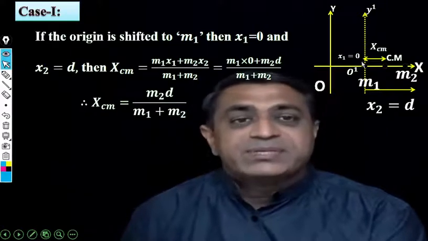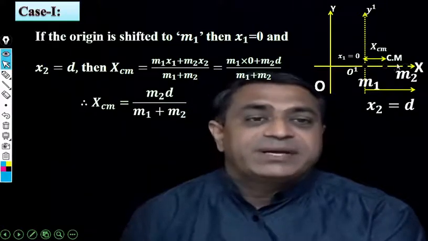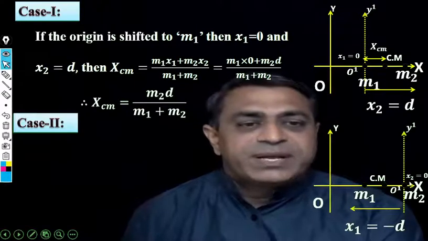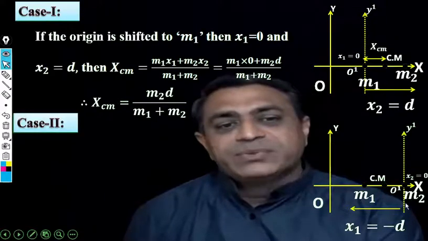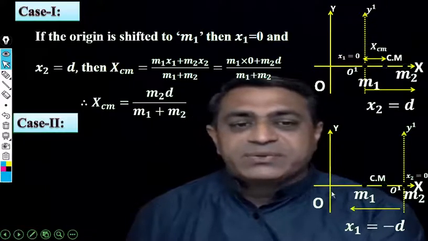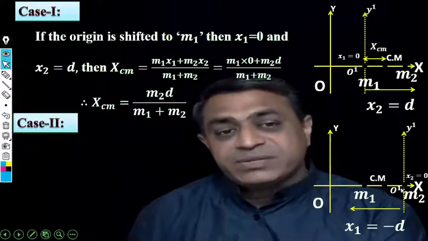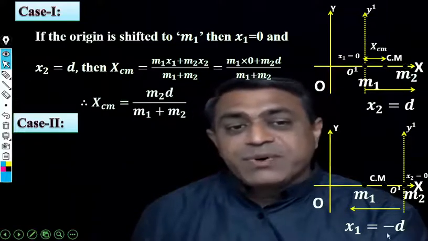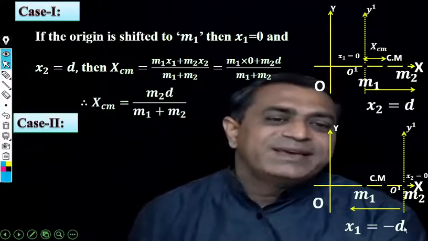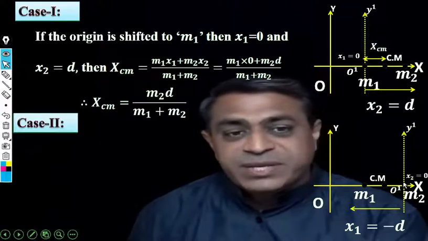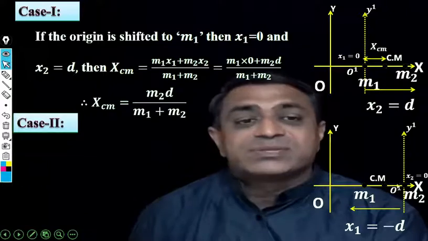But if I shift the origin to m2, now x2 is equal to 0. So what is x1? Now you have to consider x1 is equal to minus d, and for cm also you have to consider minus xcm.